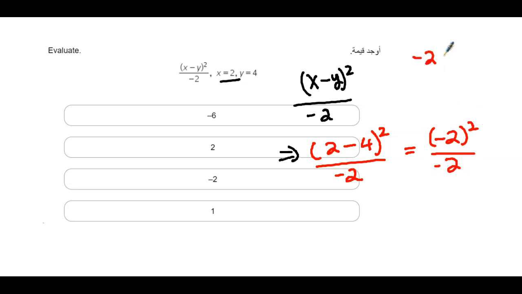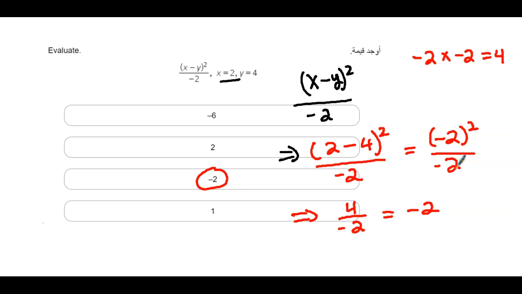Negative 2 squared means negative 2 times negative 2, which is 4. So that implies that we are going to get positive 4 over negative 2. Any time we divide by a negative, we get our answer to be negative. So here we are getting this option here, C.